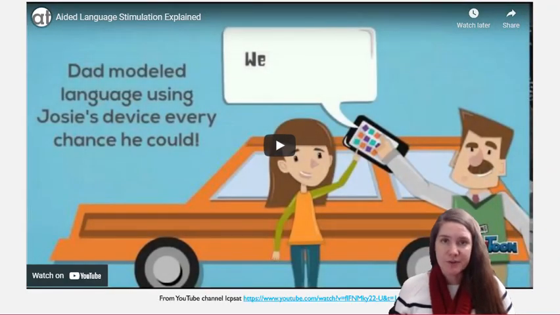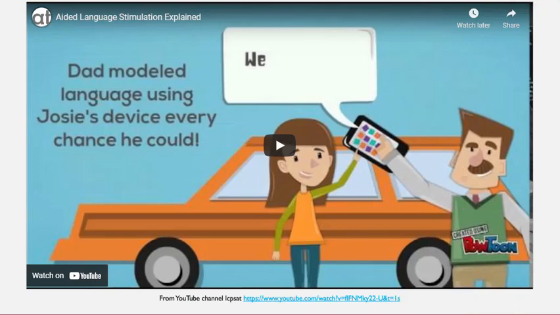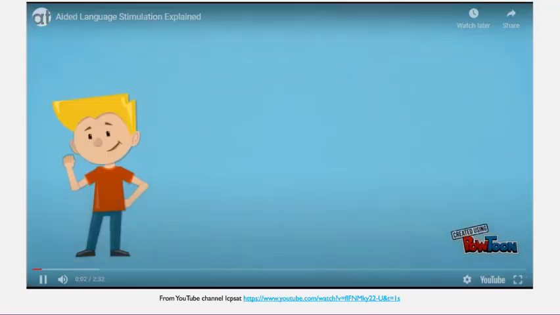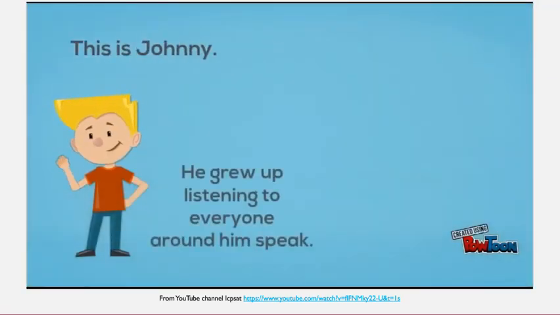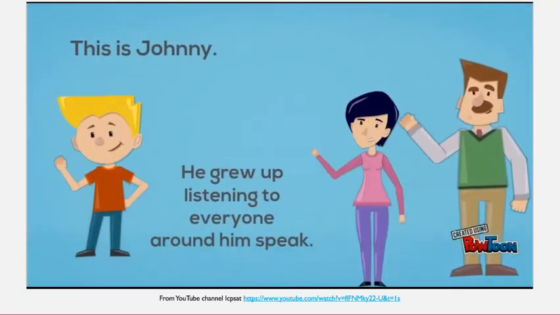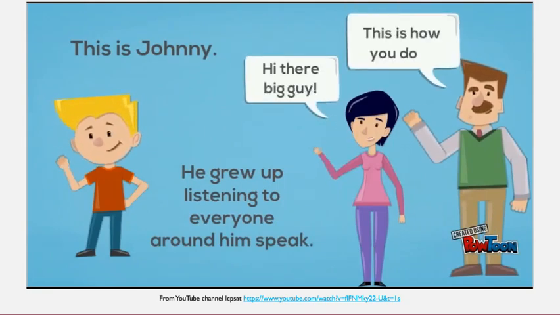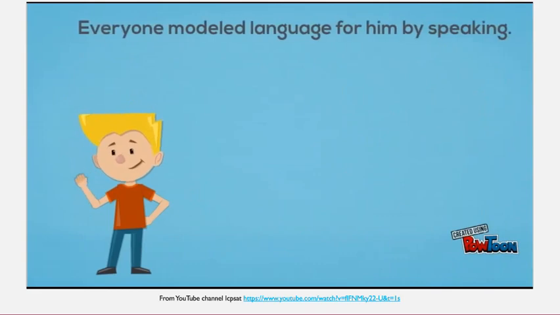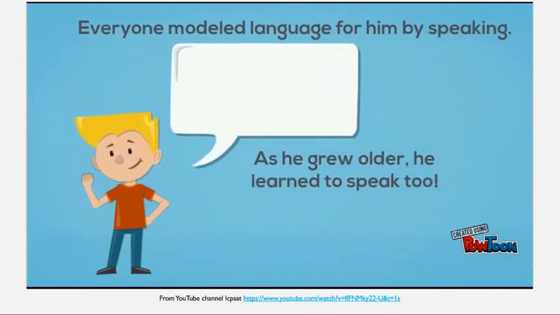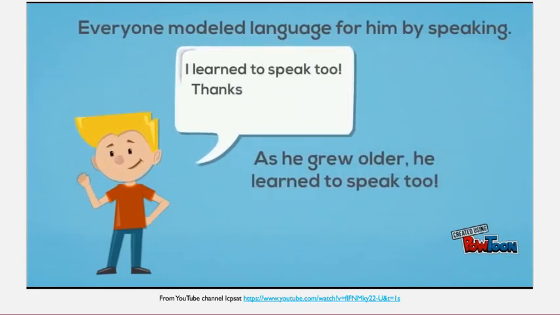Let's watch a short video that explains why modeling is so important. This is Johnny. He grew up listening to everyone around him speak. Everyone modeled language for him by speaking. As he grew older, he learned to speak too.